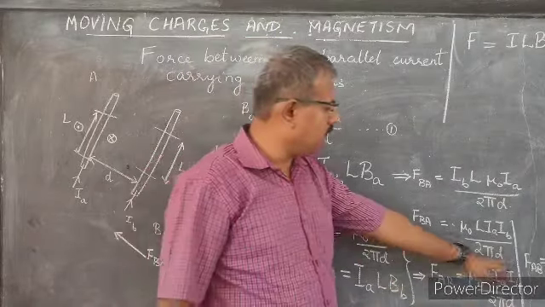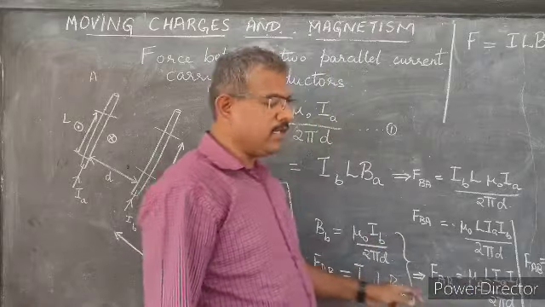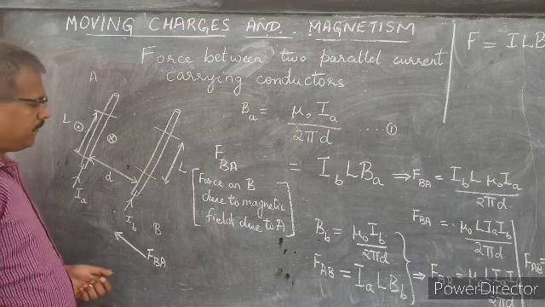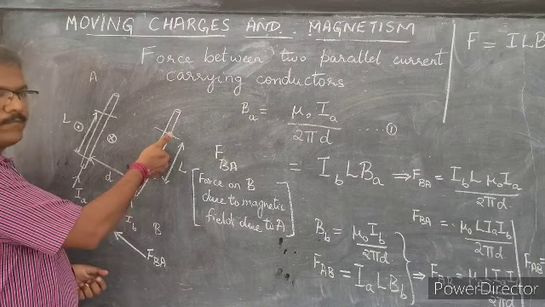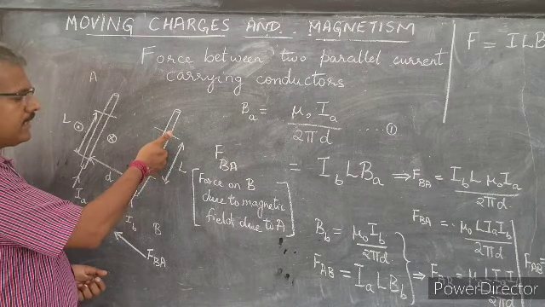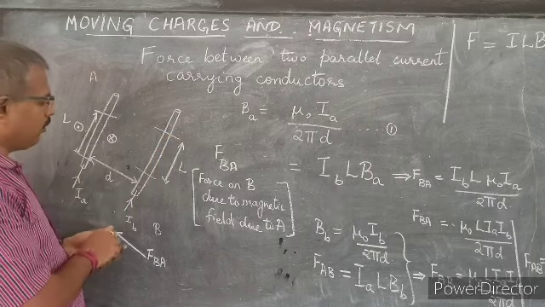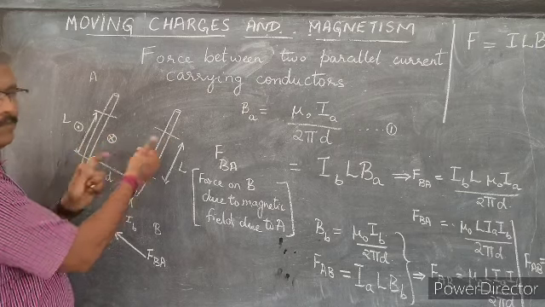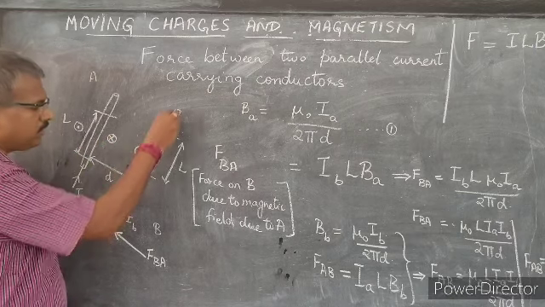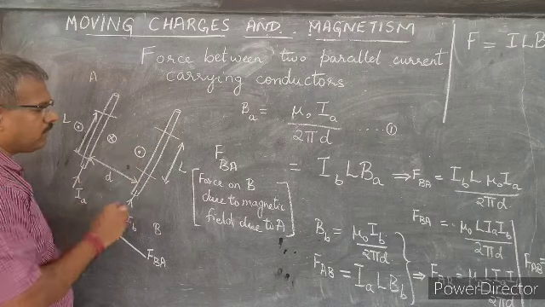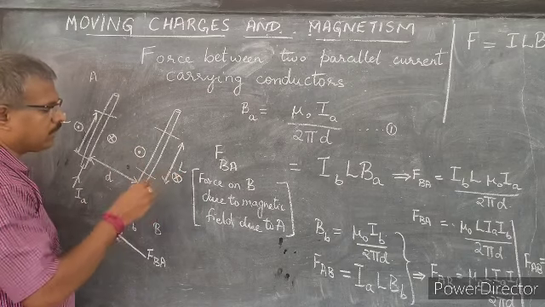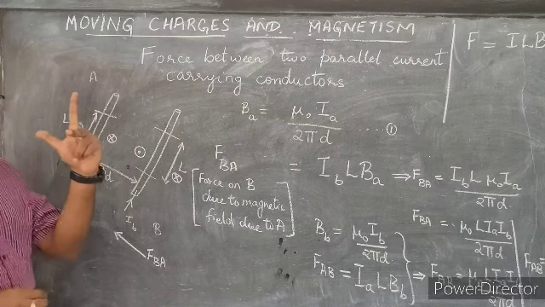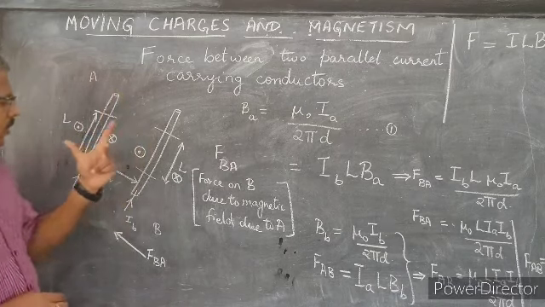Then what is the direction of FAB? So again use the same logic to find out what is the direction of FAB. So I grip this conductor with my right hand such that my thumb points in the direction of the flow of current, and you can see my fingers are curled outside over here, which means the magnetic field due to this conductor is coming out of the board here and going into the board on this side. So since it's coming outward, now I use my left hand, Fleming's left hand rule over here.